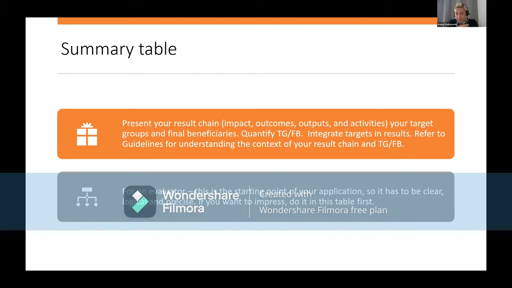You should also present your target groups and final beneficiaries. You should quantify them and integrate targets in results. You should also refer to the guidelines for understanding the context of your result chain, target groups and final beneficiaries.